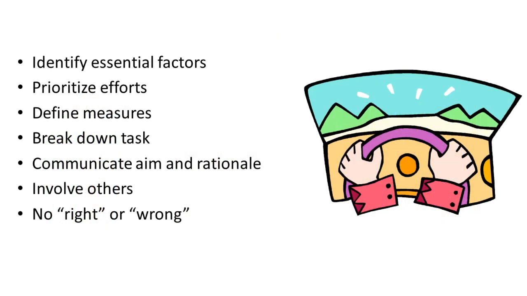To summarize, driver diagrams are best used when an improvement team needs to come together to determine the range of actions they have to take to get to a goal. They work best when we involve others in developing them. Driver diagrams help us identify essential factors, prioritize improvement efforts, define meaningful measures, break down a big task into manageable steps, and communicate our goal and rationale.